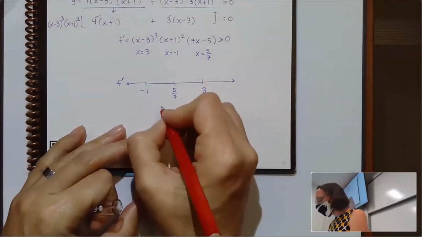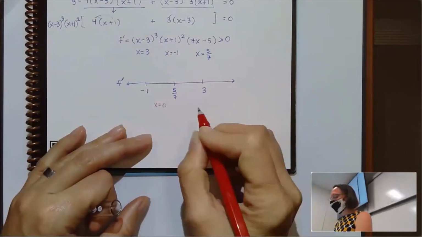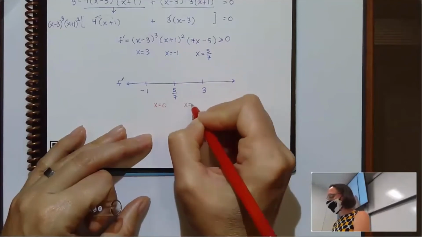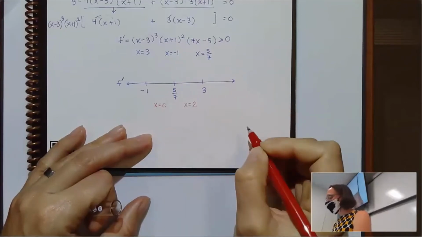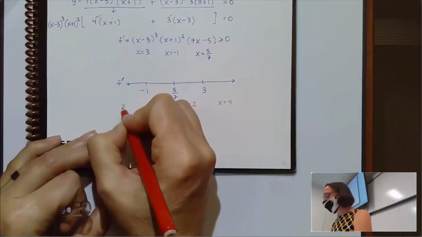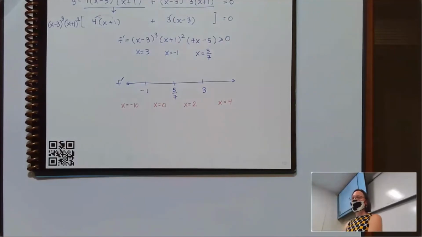In here, my test point, I'm going to choose a 0. How about a good number between 5/7 and 3? 2 will work. Something bigger than 3, like 4, and something less than -1, I'll choose -10. You can choose whatever you want, and that's really the point that I was trying to make.